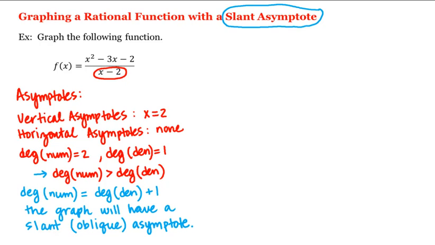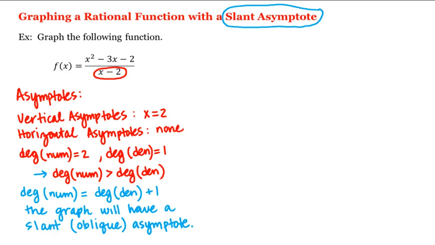A slant or oblique asymptote is a non-vertical or non-horizontal line that the rational function behaves like as x increases or decreases without bound. And with rational functions, this asymptote can be found by long division.